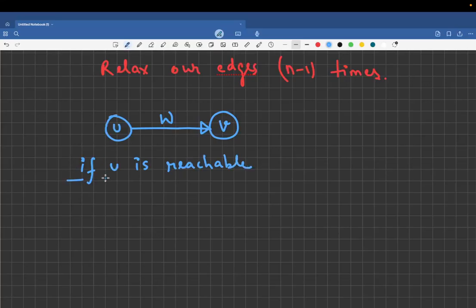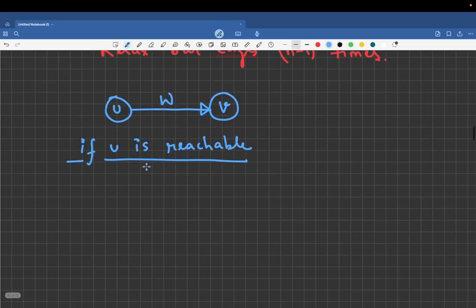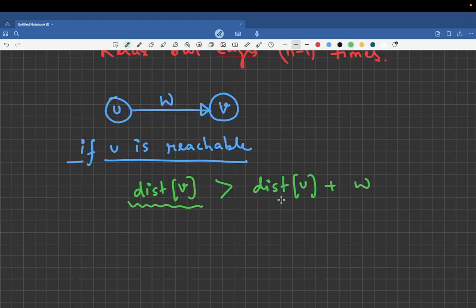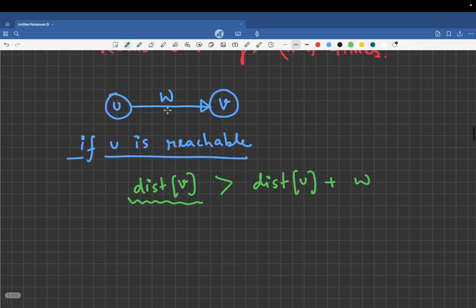So if U is reachable, then we check whether distance of V is greater than distance of U plus W. If this is the case, then we modify distance of V to equal distance of U plus W, and this is what we say: we have relaxed this particular edge. Okay. This is what relaxation means.